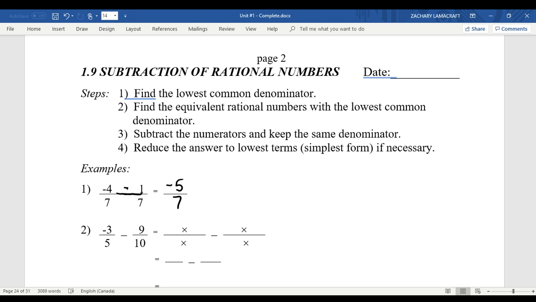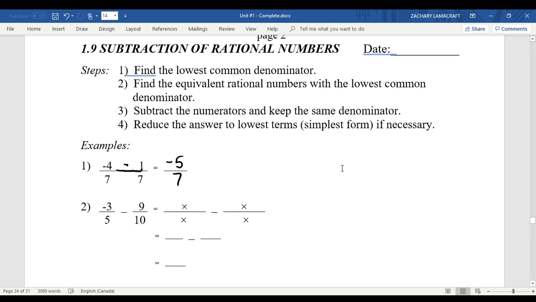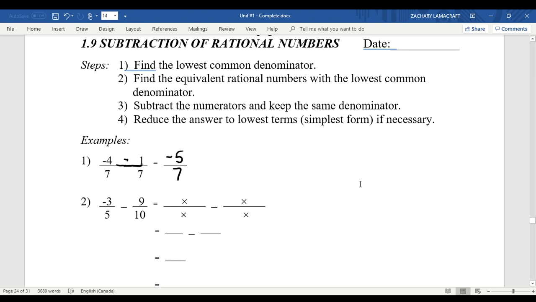All right. Now, the second one is a little bit different. What would be our lowest common denominator? Well, we got to do something with a 2. Yeah, we got to times something by 2.